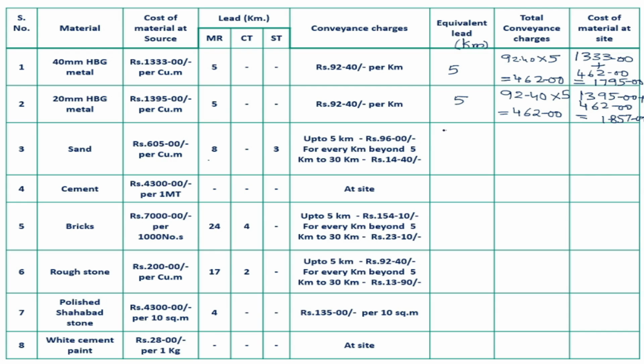Equivalent lead is actual lead into 1.4. 1.4 is the factor. 3 into 1.4 plus metal road distance, which is 8 kilometers. So 8 plus 3 into 1.4, which is equal to 12.2 kilometers.